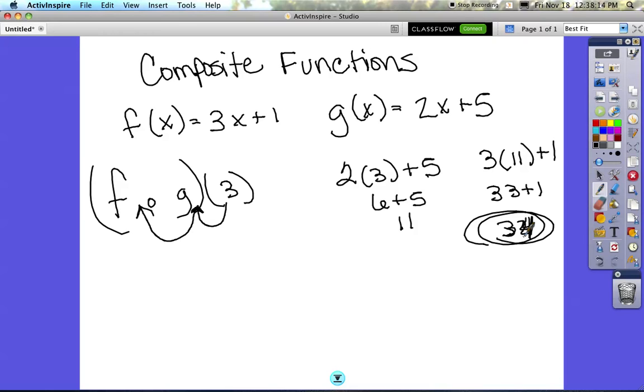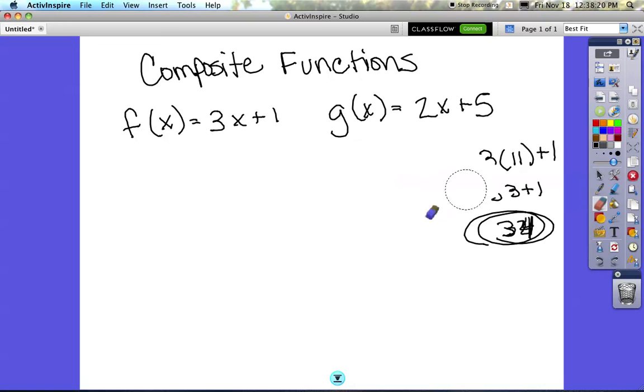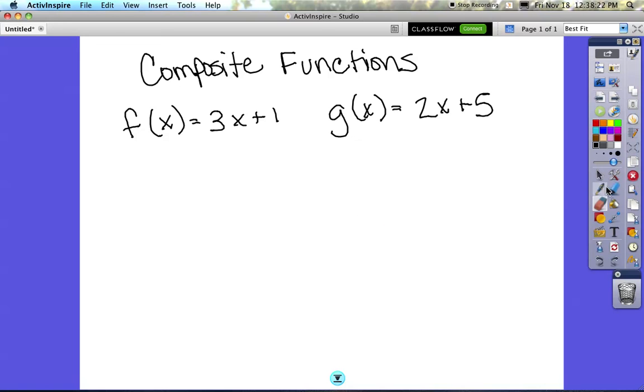Okay, we're going to keep the same g and the same f. Now we're going to do g of f of -1. So what's in the parentheses now? -1. And it's going to go in place of the x in which equation?